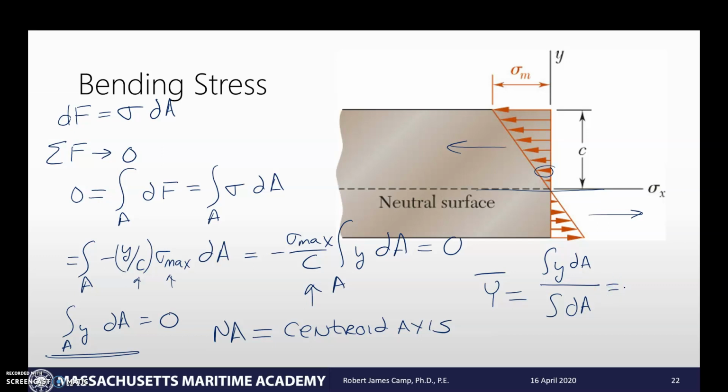So the way that we accomplish that is we sum up the y bar times A of each individual area piece, and then we divide it by the sum of the area. If you can't remember exactly how to do it, check your mechanics notes, or let me know and we'll do an example. So that's the important thing to take away here: the centroidal axis is going to be our neutral axis, and we'll be able to calculate things based off that.